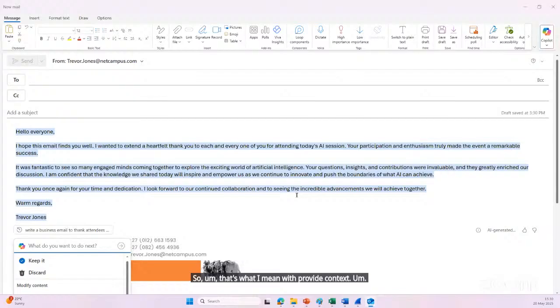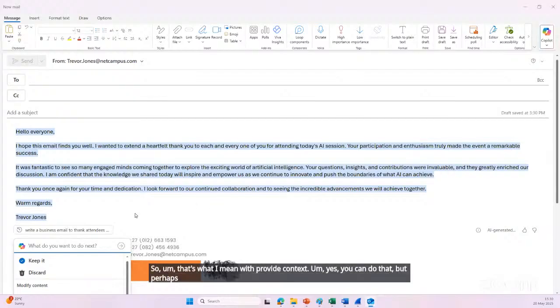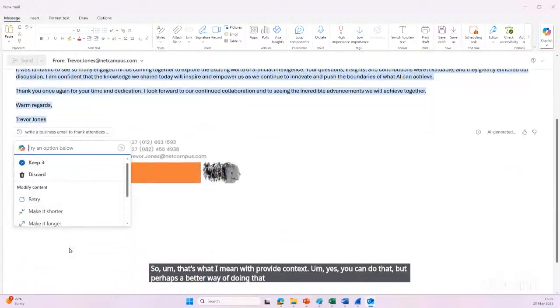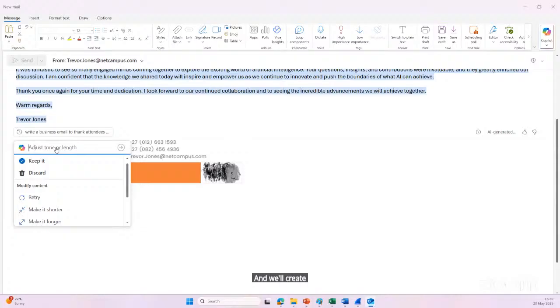Yes, you can do that, but perhaps a better way was to do this. Let's create a second draft, and we'll create a much better prompt.